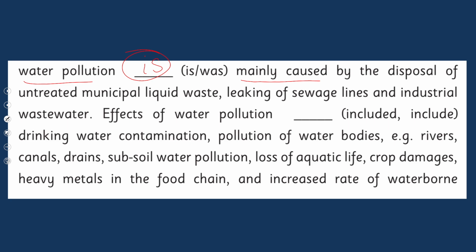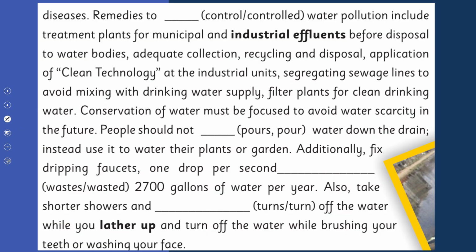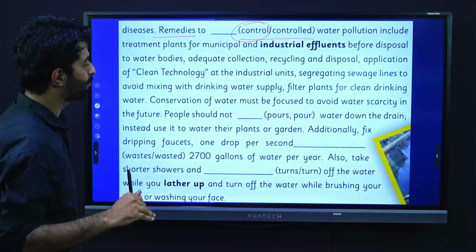Effects of water pollution included or include? Include. All right. And the last one is remedies to control or controlled water pollution. Control, because we are talking about the current situation, the present.